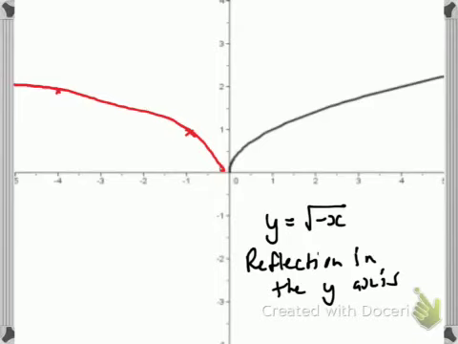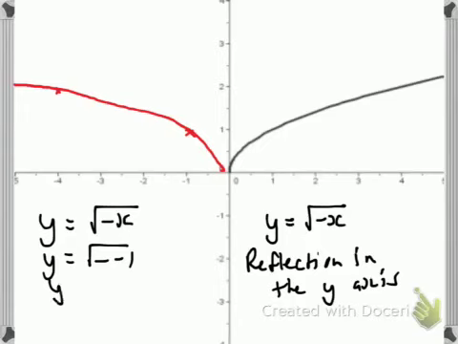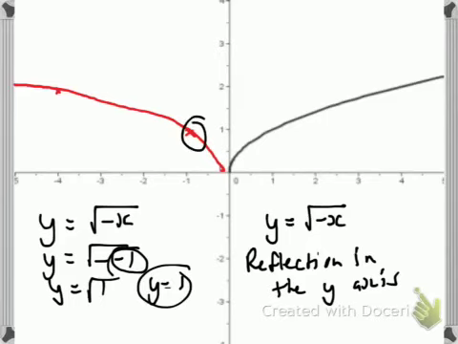Why do we get that? Well, if y equals the square root of negative x, and say x is negative 1, we get y equals the square root of negative negative 1, y equals the square root of 1, y equals 1. So hence when x is negative 1, y equals 1. There's that point there, negative 1, 1.